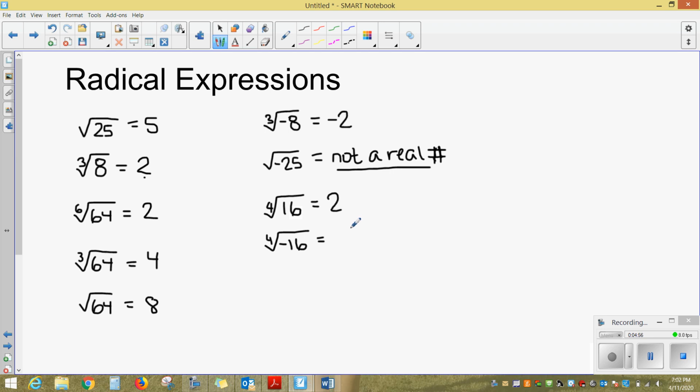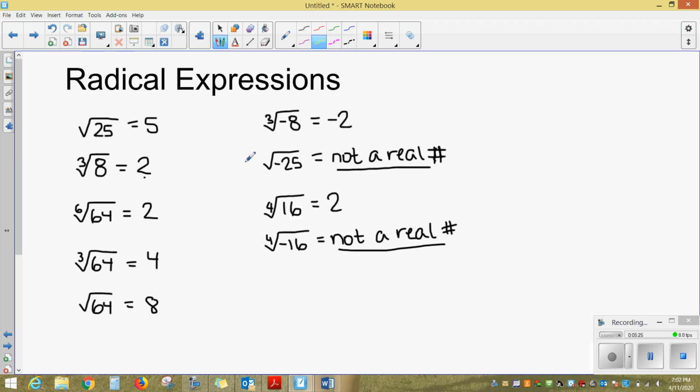Any real number raised to the 4th power is going to be a positive number. So I say, this is not a real number, and then I stop right there. We don't say anything more than not a real number. Undefined is wrong. No solution is wrong. It's not a real number. And so that's how we describe it.